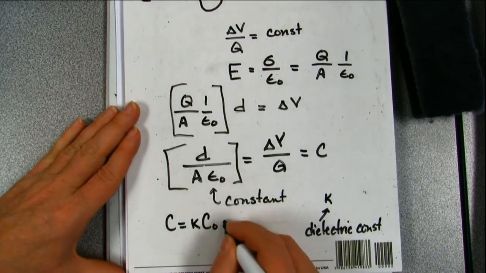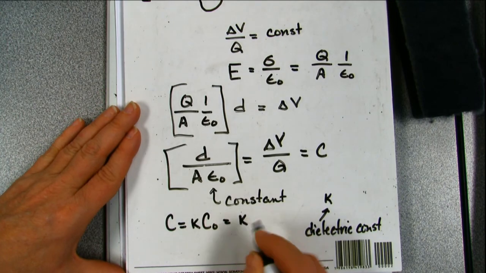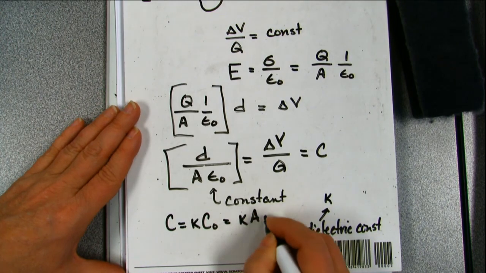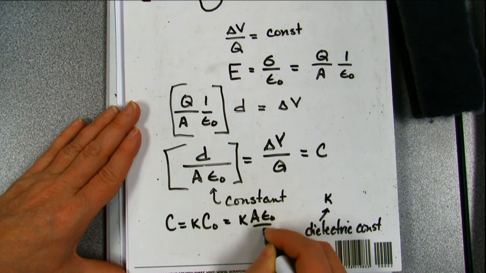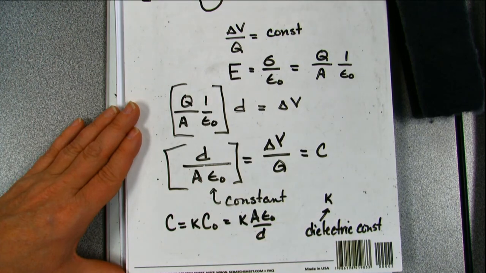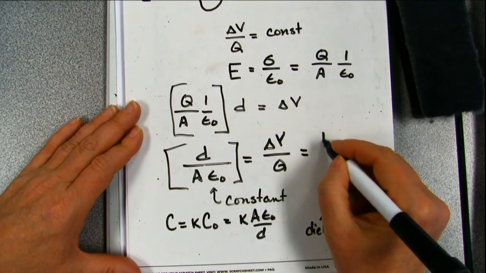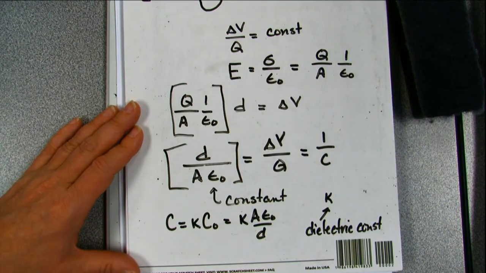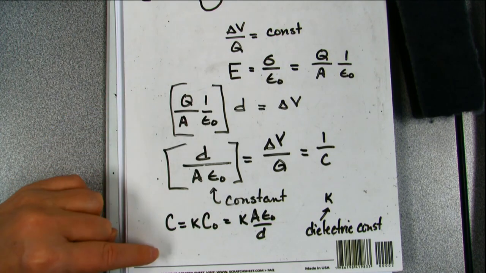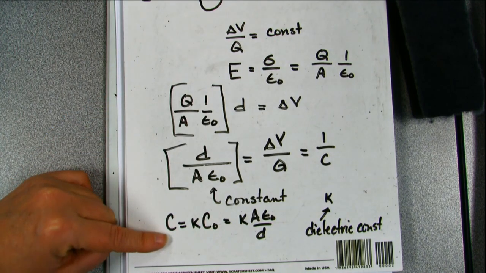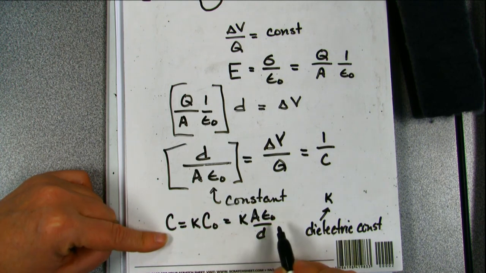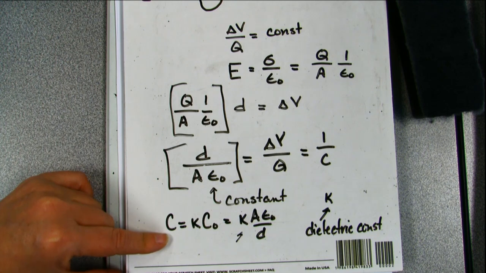So my capacitance really becomes this dielectric constant, the area, permittivity of free space, and d. Because we define, this is actually 1 over C, sorry. That's 1 over C, because we already talked about it. And that is based on configuration and how I build it.